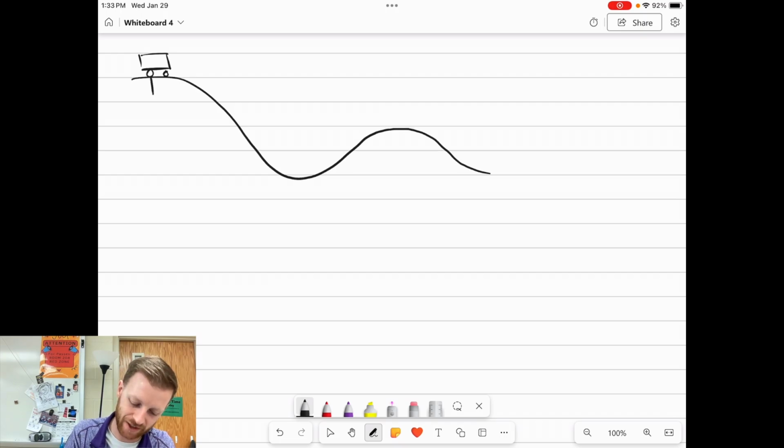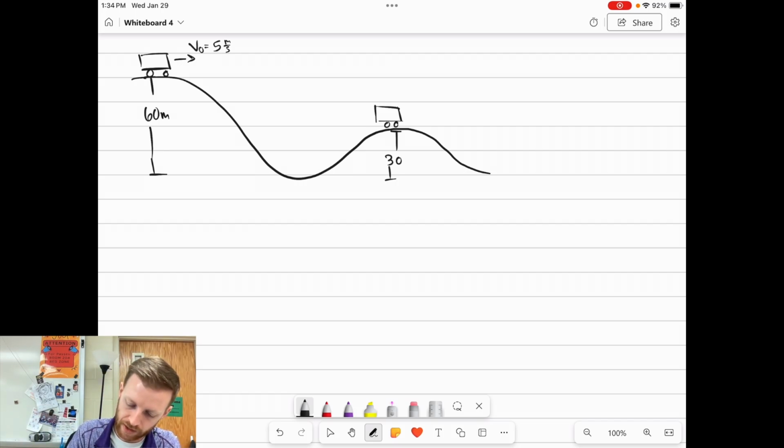This first hill, we're going to mark at 60 meters tall. And the second hill, we're going to mark at 30 meters tall. And at the top, I'm going to be moving with an initial velocity of 5 meters per second. So we're just coming over that first hill.